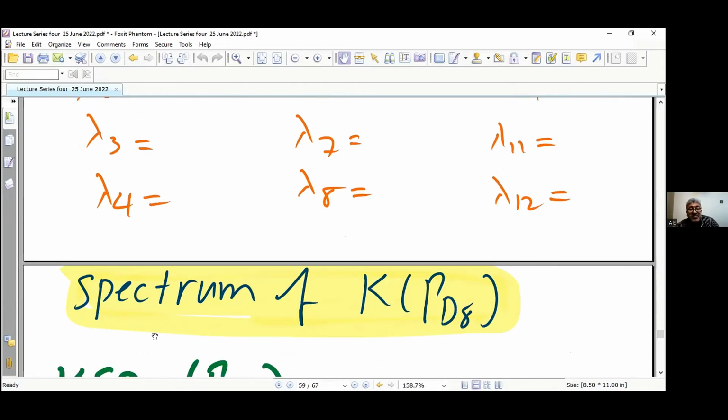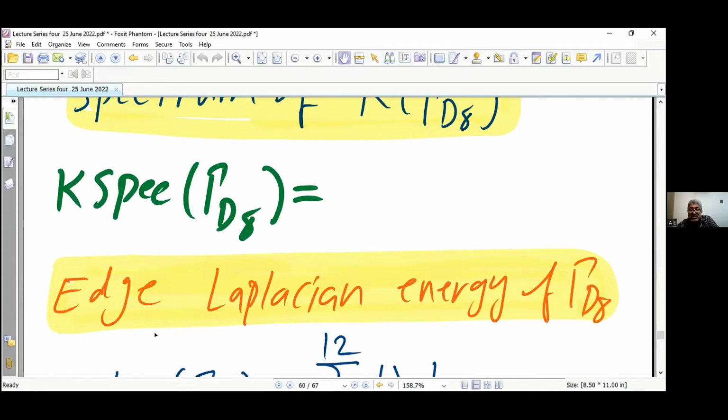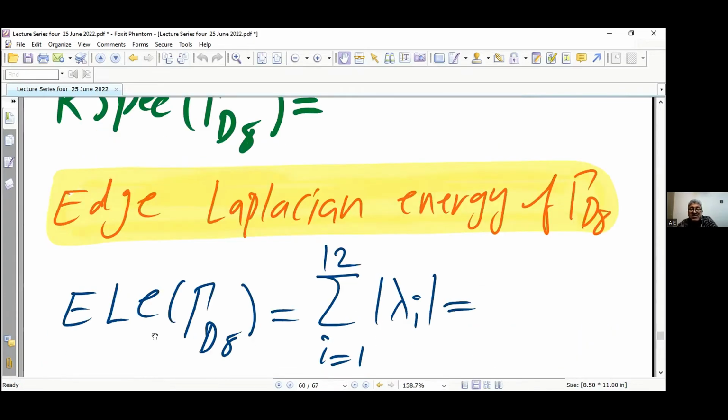And the H Laplacian energy is the sum of absolute values of all eigenvalues of the H Laplacian matrix. So we have to add the absolute values of the 12 eigenvalues.